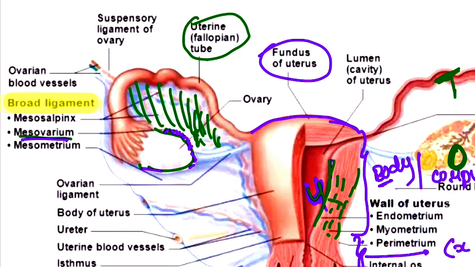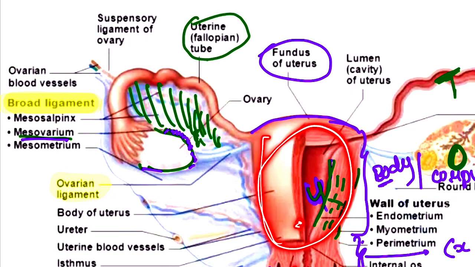Now moving further to another ligament, the cardinal ligament. Cardinal means it is an important ligament, as you see right here. It is the reason why the uterus is held up above the cervix and vagina.